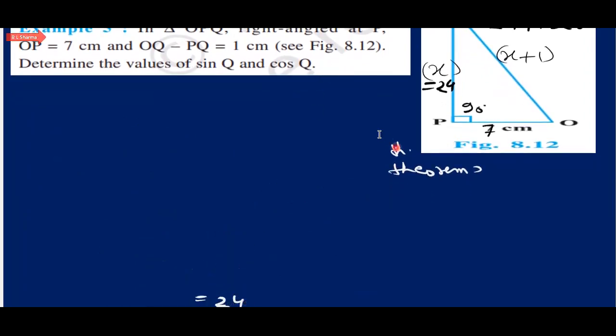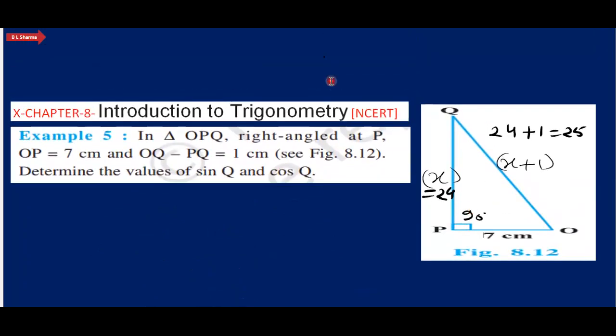Yes. So again see here now, for acute angle Q. This is acute angle.